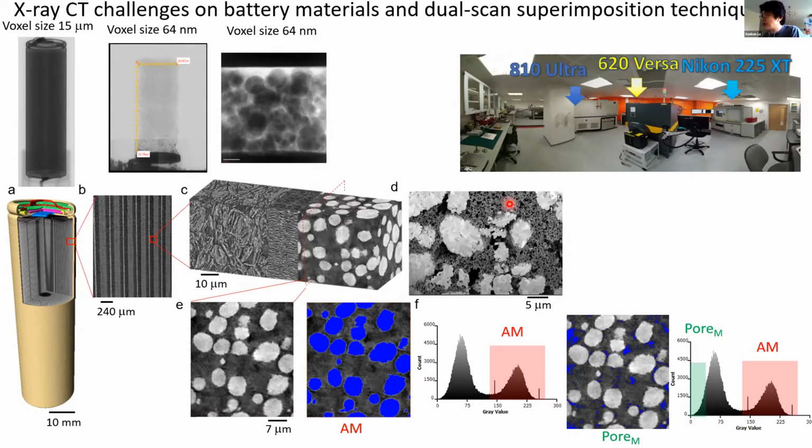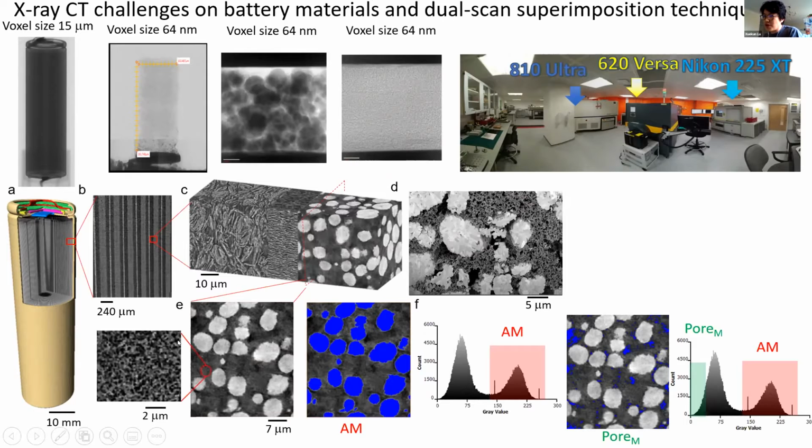And because the microstructure is too fine, and also the carbon is really low X-ray attenuating, when it is scanned with this high X-ray attenuating NMC cathode, the contrast gets really bad. So we came up with a solution with this dual scan superimposition technique. We did the second scan with the standalone carbon phase.